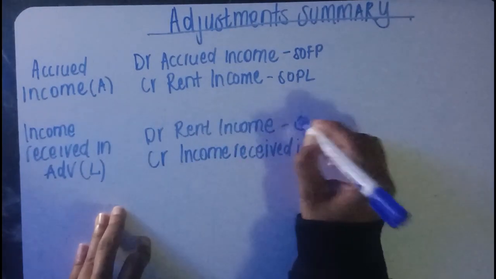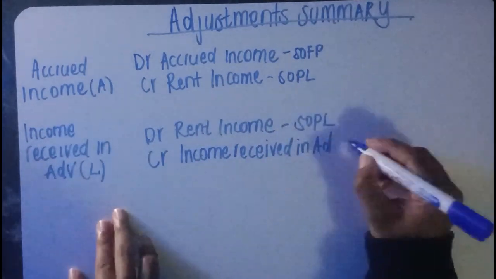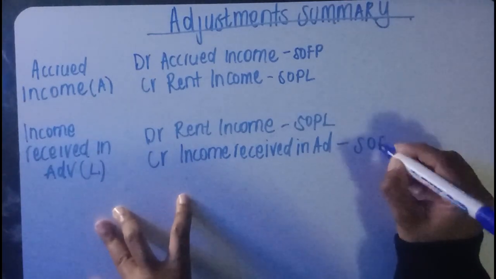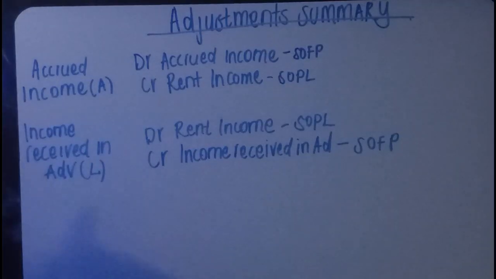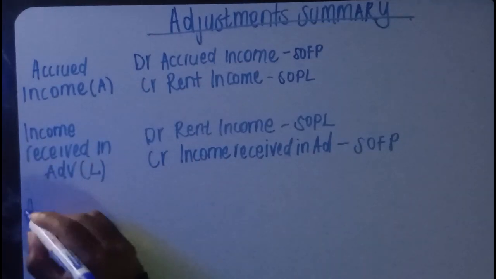This rent income is obviously statement of profit and loss, and this will be financial position because it's a liability, right? So now let's move on to our accrued expense.